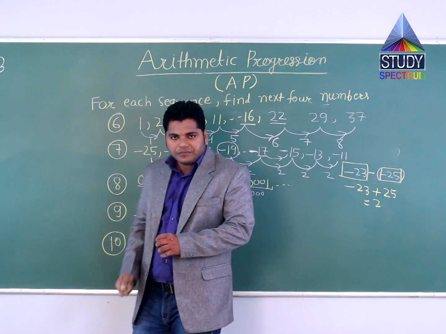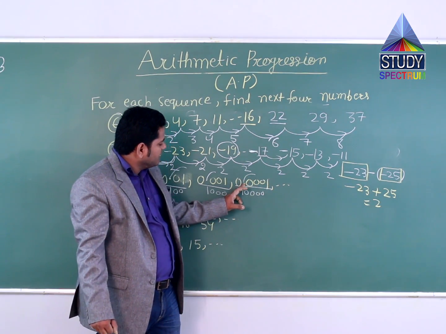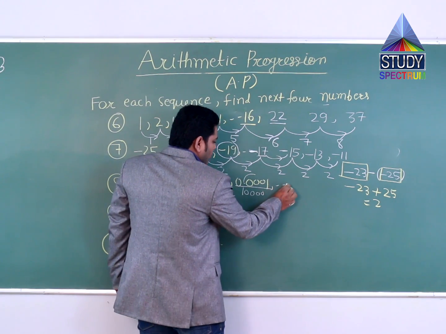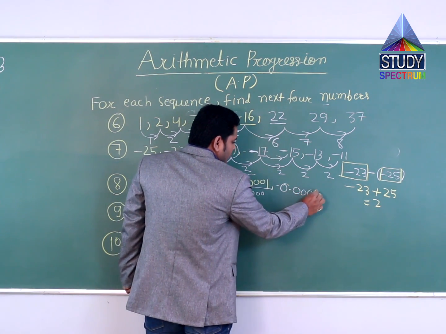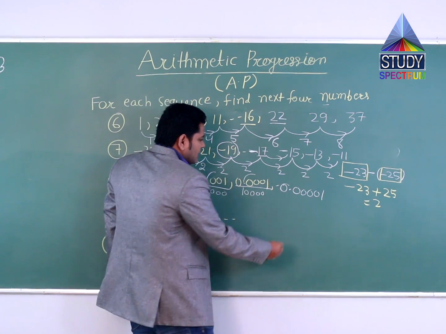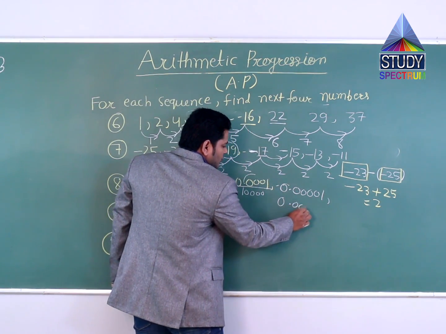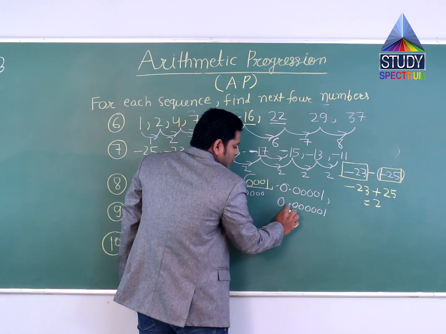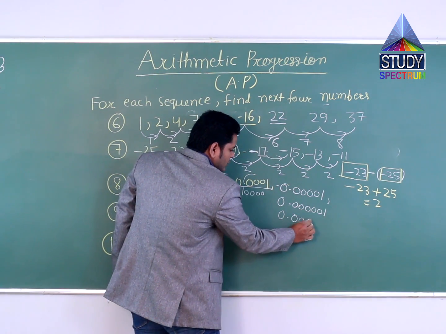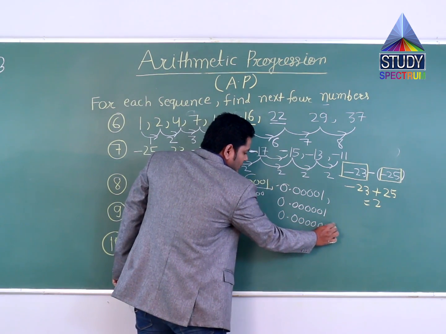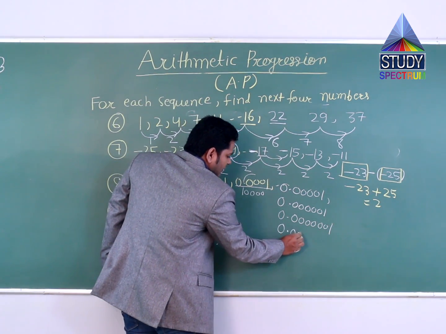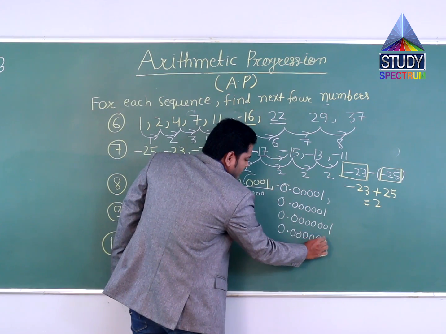Here we have 3 zeros. So the next will be 4 zeros between the decimal and 1, and the next term will be 5 zeros. The next term will be 6 zeros, and the next term will be 7 zeros between the decimal and 1.